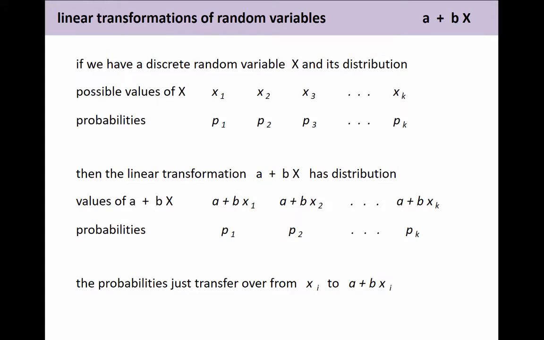If you remember math, what we've really done in the linear transformation could be described as a one-to-one transformation. So the probability for a plus bx1, that value has the probability p1 associated with x1, and so on. So there's the probability distribution of our new random variable a plus bx.